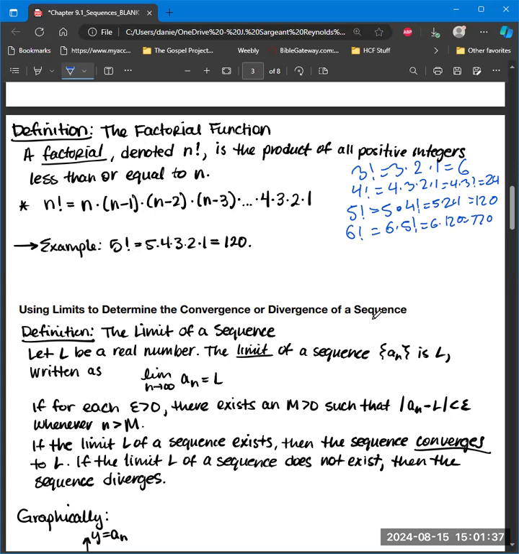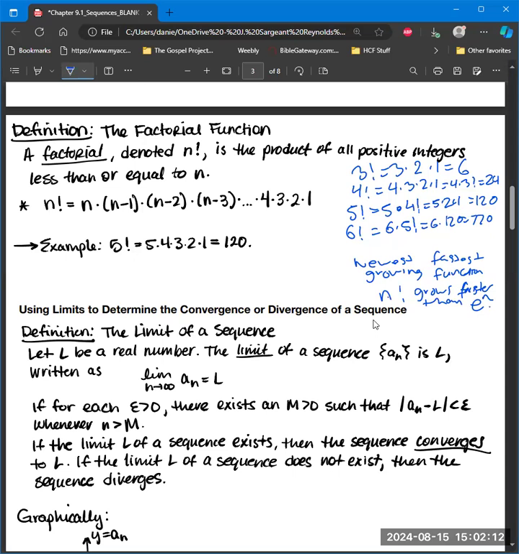It grows very fast. So this is our newest, fastest growing function that we know about. n factorial grows faster than e to the x, e to the n here, since we're using n as our variable.